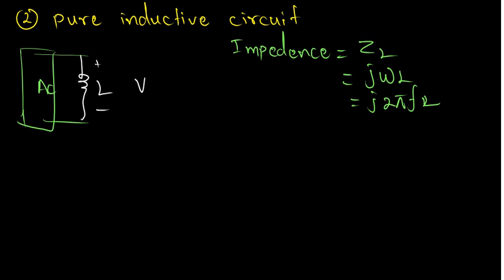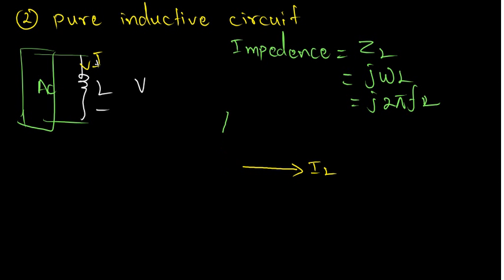So how to draw the phasor diagram for this? The common quantity is the current, so I am starting with the current IL. There is a voltage drop, and we need to know that the voltage drop across an inductor is always leading the current.